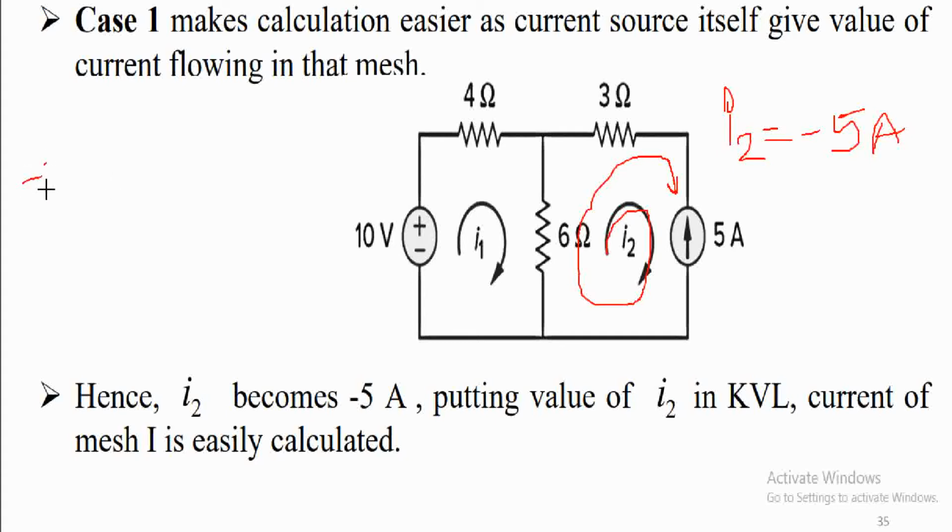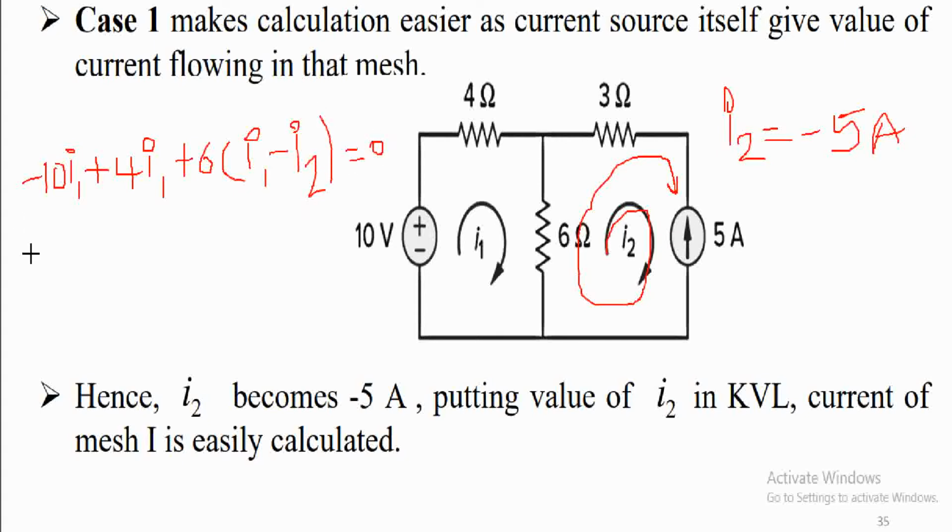So here we write 10 into I1 plus 4 into I1, because the 4 ohm resistor is in an uncommon branch, so whatever mesh current flows through this uncommon branch gives 4 I1, plus 6 into (I1 minus I2). Here we are writing with respect to I1, that is our mesh 1, so we write I1 minus I2. If you write with respect to the second mesh, then we write I2 minus I1, which is equal to 0.